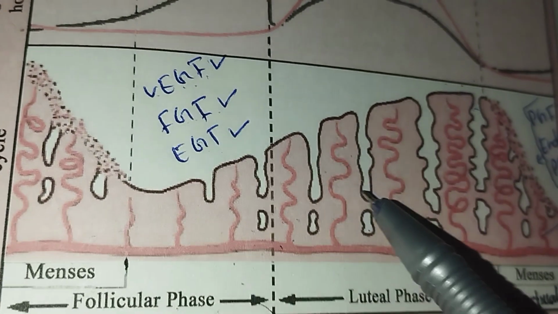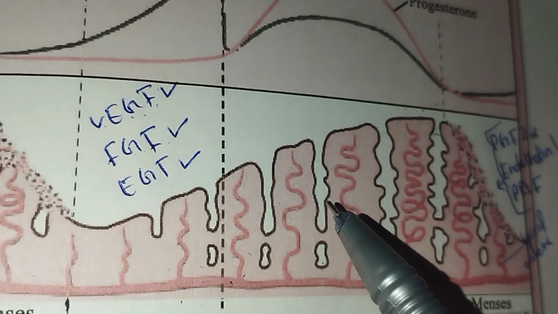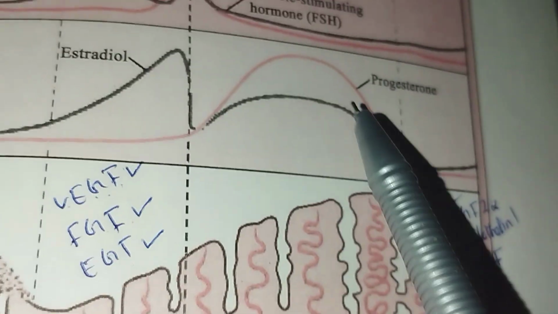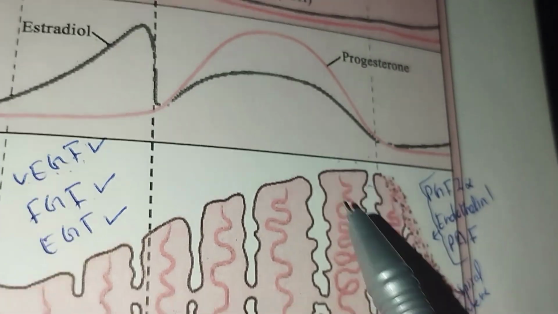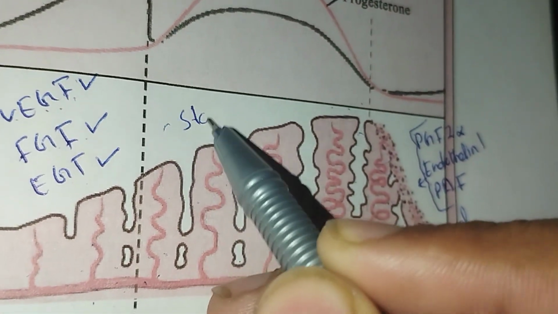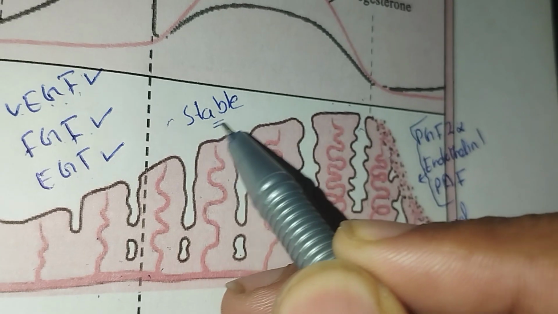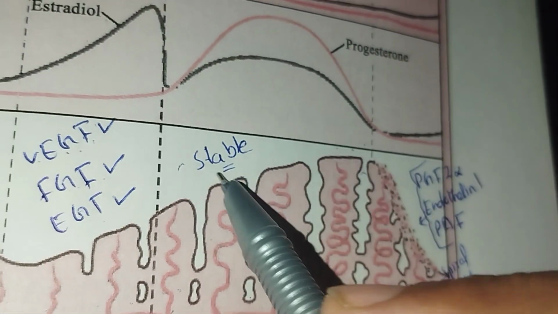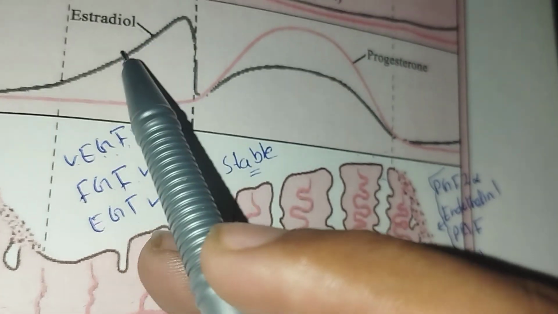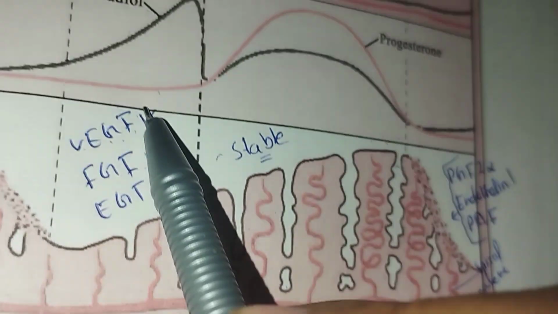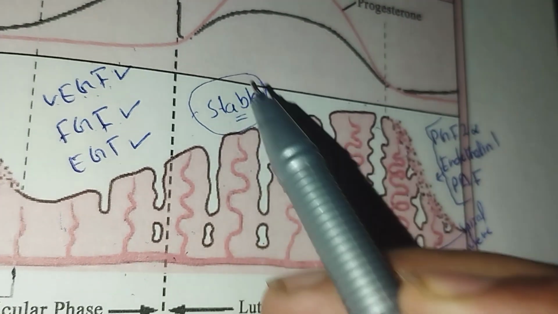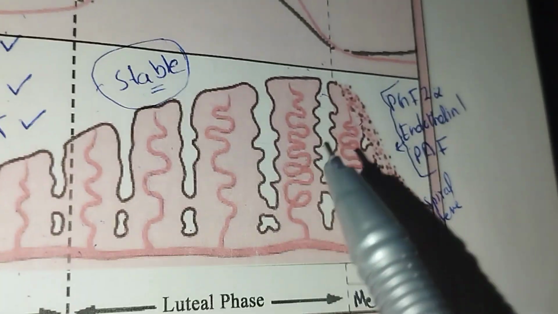And now there is the addition of secretory activity, with the glands, by progesterone. Now the progesterone level decreases. Progesterone protects females from the unstable effect of estrogen, which is hyperplasia. So this is a very stable phase.